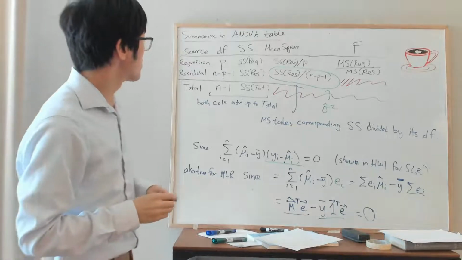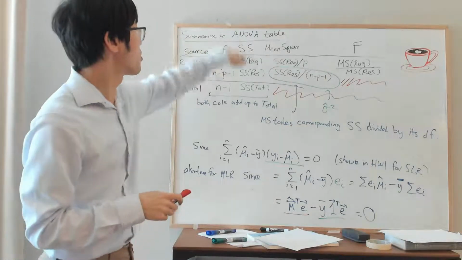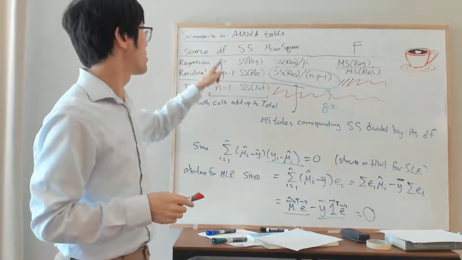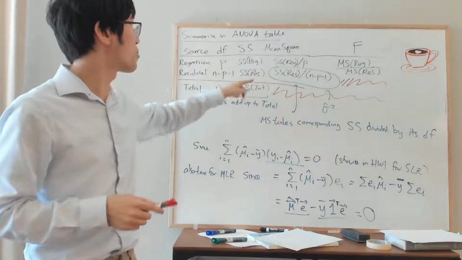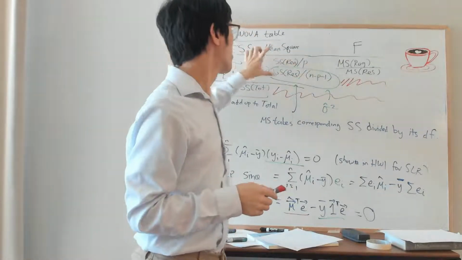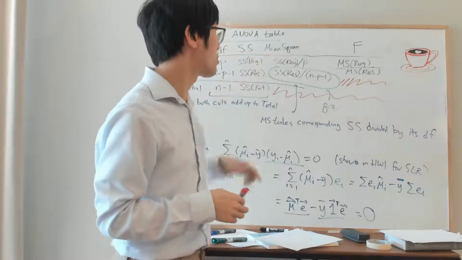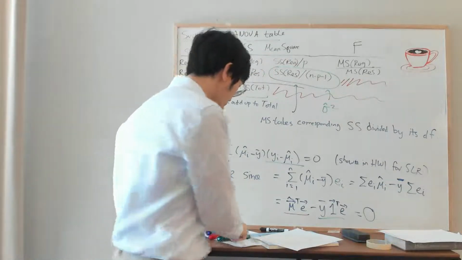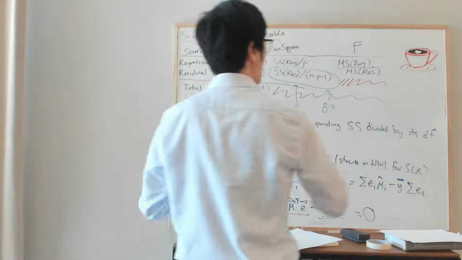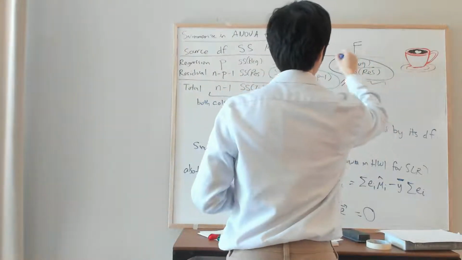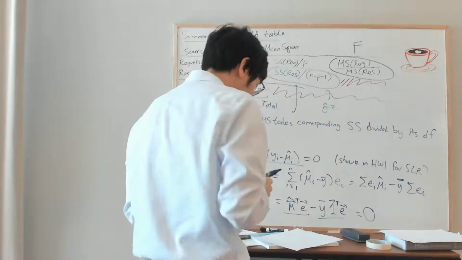Okay, so these are the key quantities. These two columns add up. Mean squares are calculated from these first two columns, and then finally the F statistic summarizes the ratio of the mean squares. Let me just make a note about this F statistic.